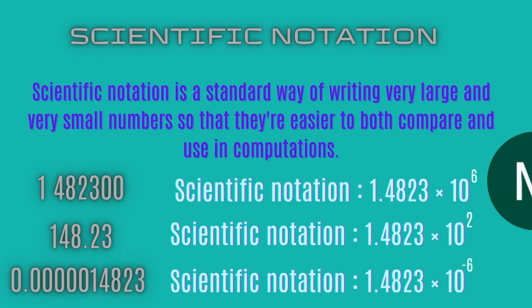Then the last one is, let's say, a really small one. This is a little bit different. So we are moving from left to right, for how many places? So that we can get 1.4823 times 10 to the power of minus 6. Why minus 6? Here you need to be really careful.